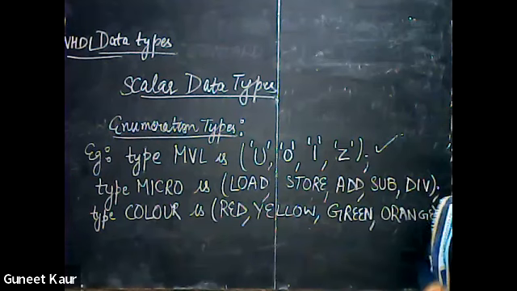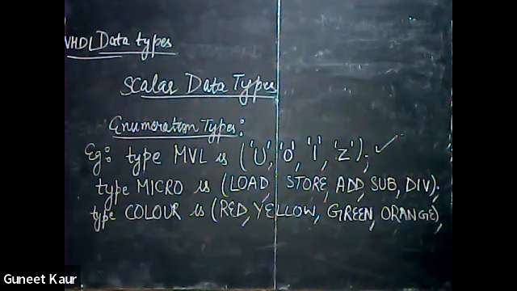So these were some of the examples of enumeration types.